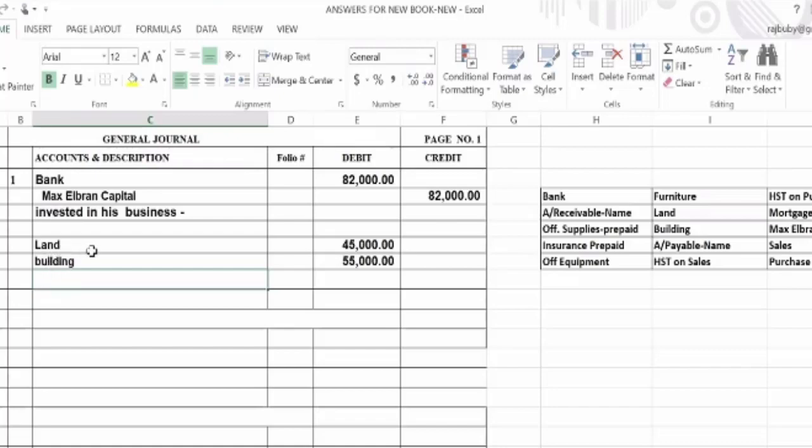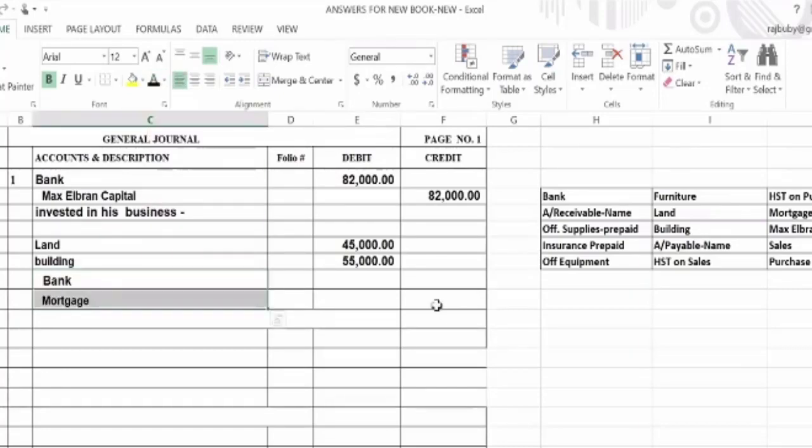What are the debits? No, what accounts are debit, what accounts are credit? The account names are mortgage payable, land and bank.